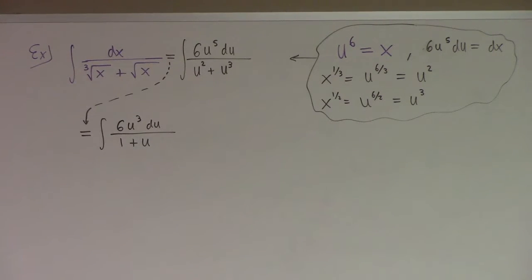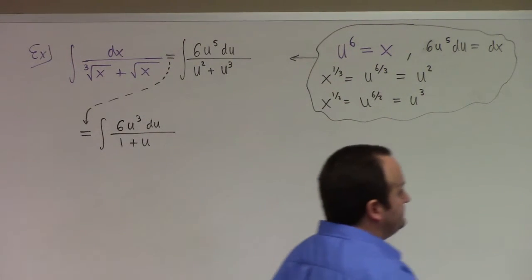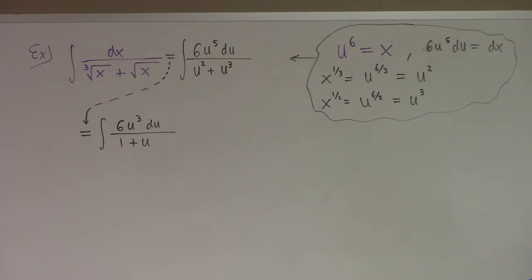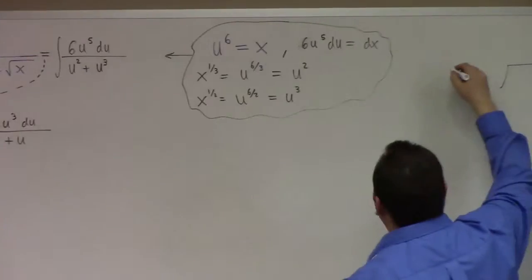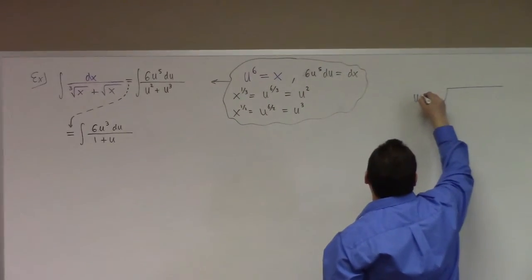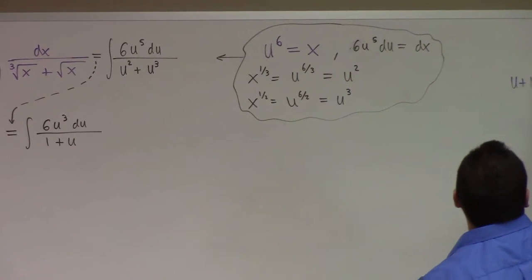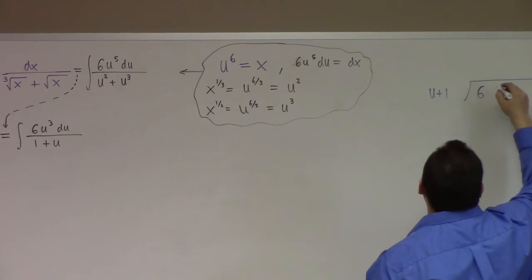See, I knew these examples were coming today, which is part of the reason I didn't do more long division earlier, because I knew these would give us more practice with long division. So here it is, right? Here we go. One more time. Our divisor is u plus 1, and we're dividing it into 6u cubed.